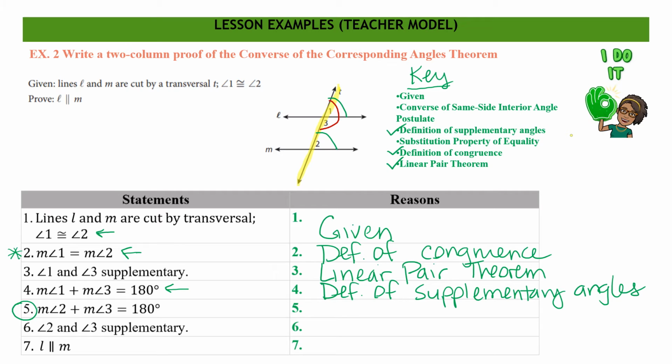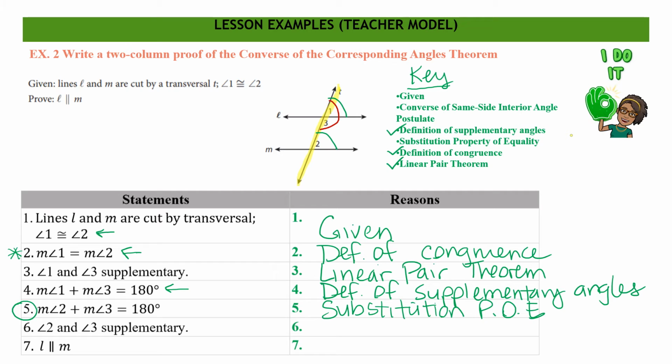They're equal. So that means I can swap out or switch, or how we would say in mathematics, we would use the substitution property of equality, meaning that if I see that two things are equal to each other, it doesn't matter which one I use because they have the same value.